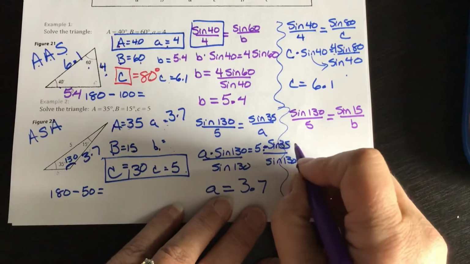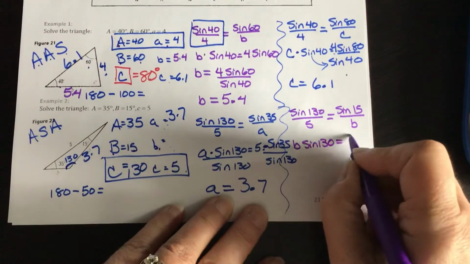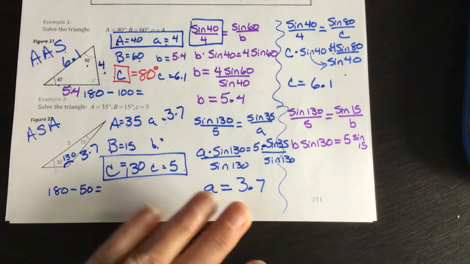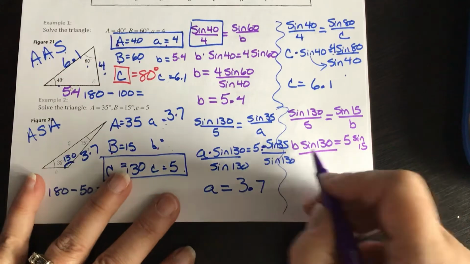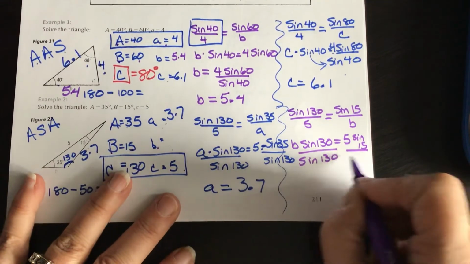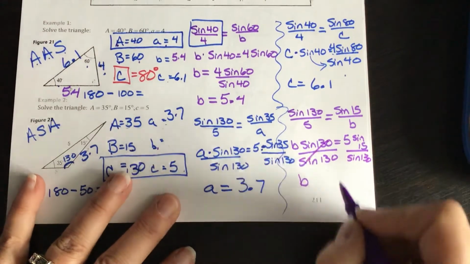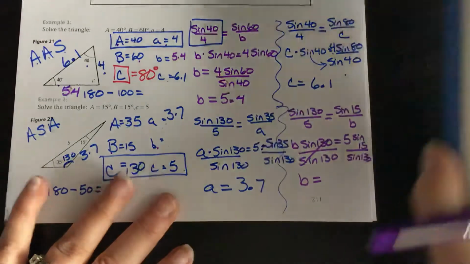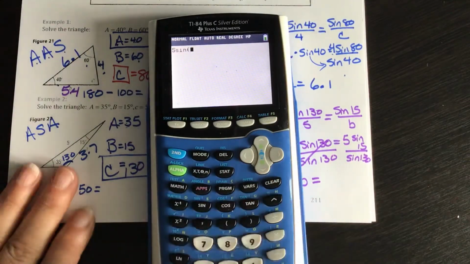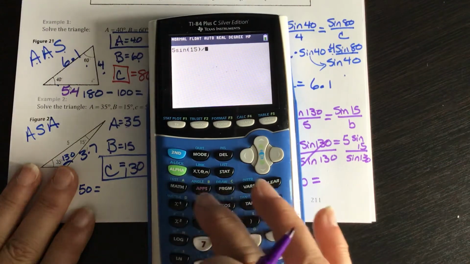Cross multiply, so B sine 130 equals 5 sine 15. I'm going to divide by sine 130. And those cancel, so B is 5 sine 15 divided by sine 130.